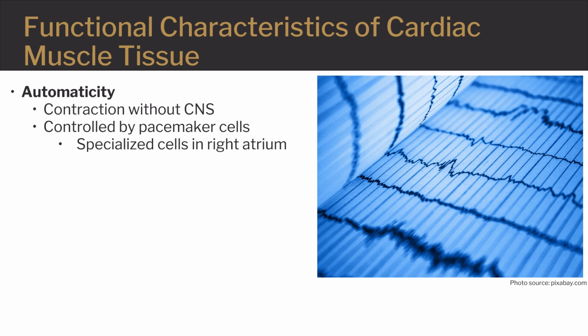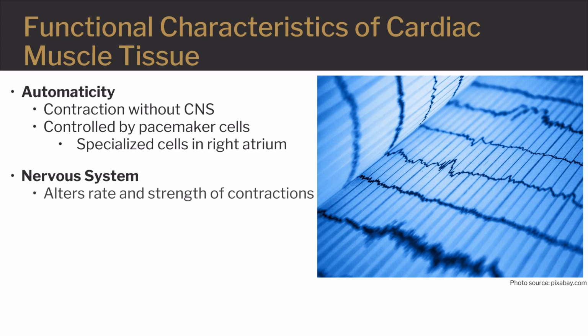But if the AV node becomes the primary pacemaker source, then the heart rate will be slower than if the SA node was still the leader. The nervous system innervates the SA node and can modify the heart rate and the force of the contractions by altering the pace and tension of the contractions when the parasympathetic or sympathetic nervous systems are stimulated.